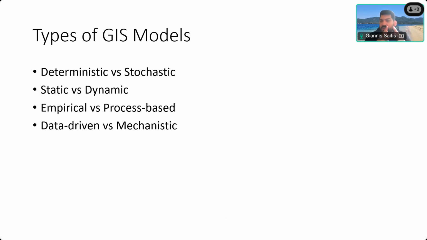In an area that we expect to get flooded, for example, the variables are very specific. I mean, they're geomorphological, social. There we have the land cover.